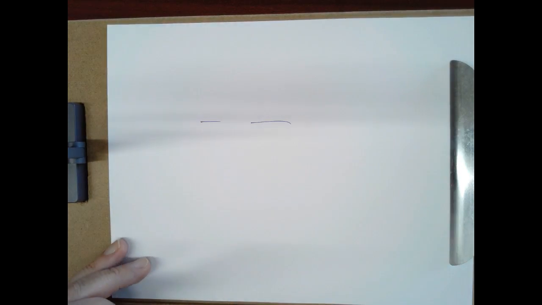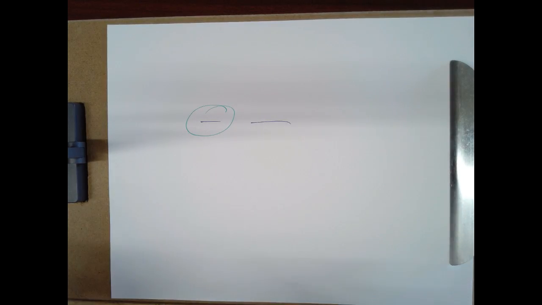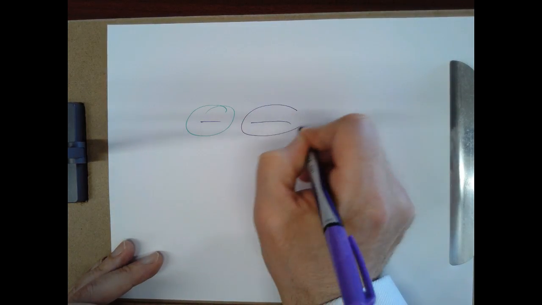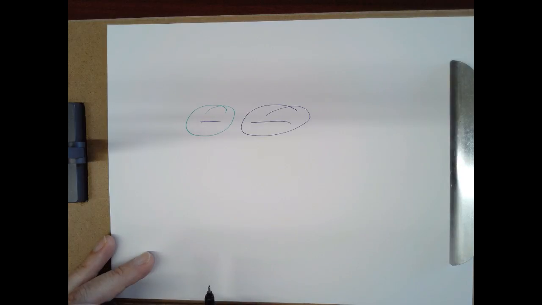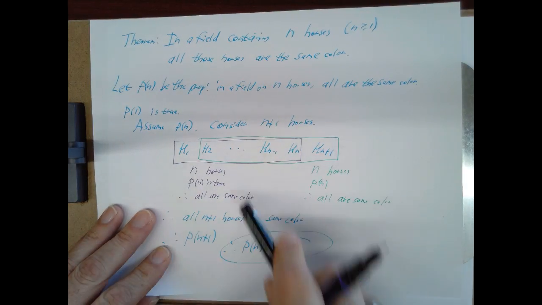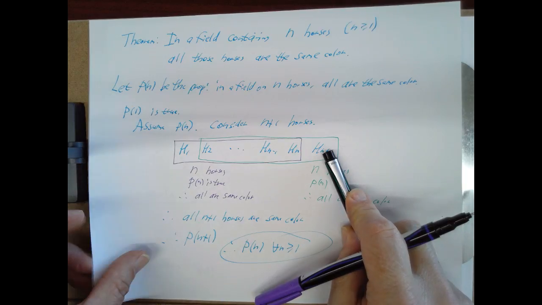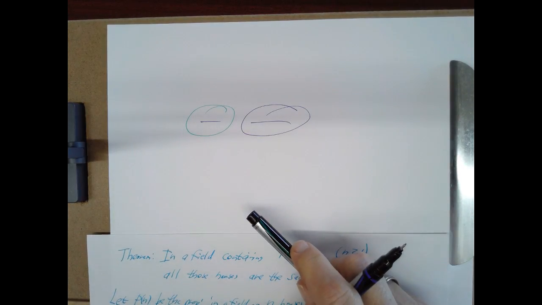Because we're saying, take this collection of horses, all of those are the same color, that's P of 1, that's true. And take this subset, all of those are the same color, that's true. But we're assuming that, as you said, there's an overlap. And that's what makes the things in this set and the things in this set the same color. But in the case of n equals 2, there is no overlap.